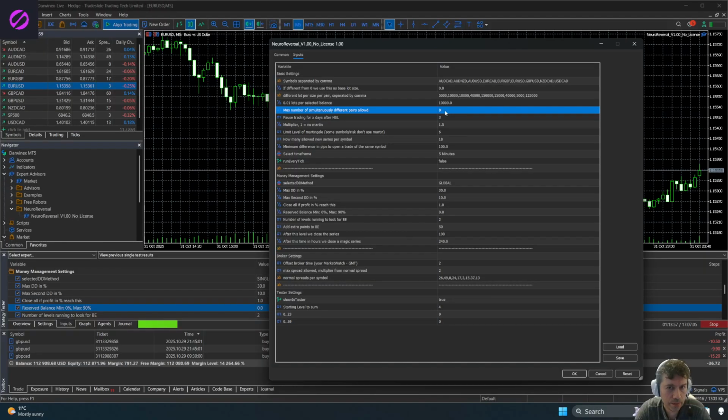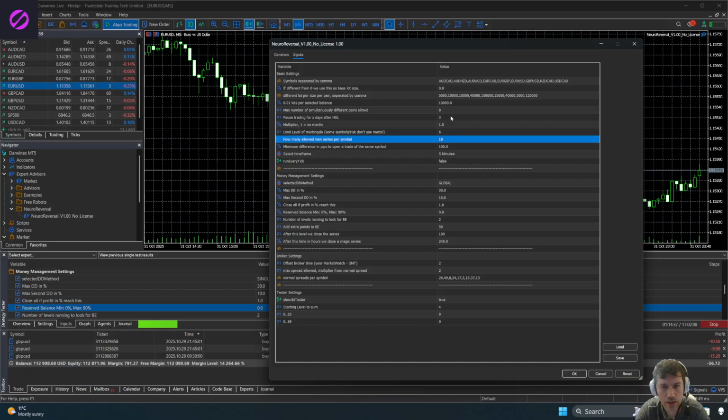Here's how many different symbols at the same time you want to have trades open. If we hit a hard stop loss, how many days do you want your expert advisor to stop trading? This is the multiplier per level, and this is the max number of levels. So that means when we are opening a grid, every level will be multiplied by this value up to 6 times.